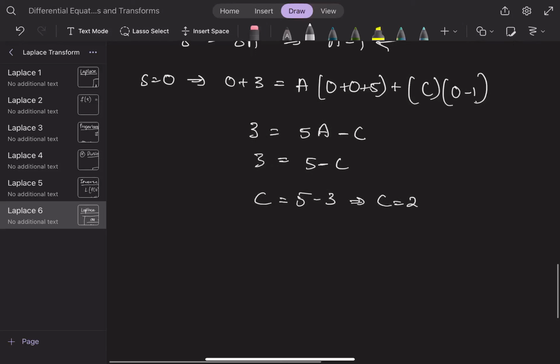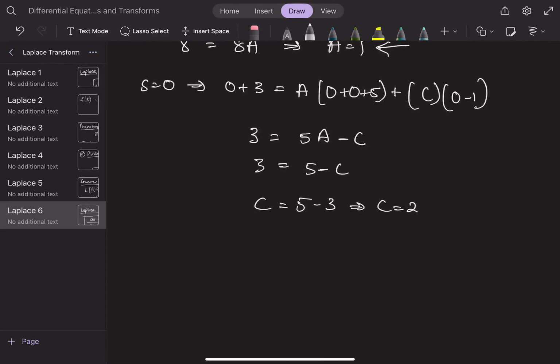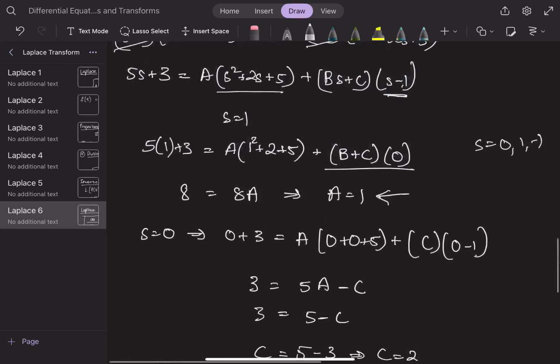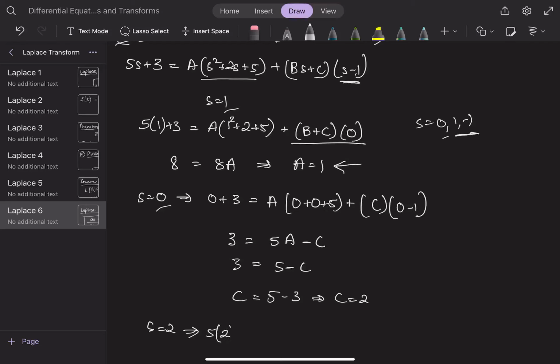Now we still need to find b. So let's put s as 2. You can use any number. You can go with 1, minus 1 as well. We already did 1. We already did 0. You can go with minus 1 as well. I'm trying with 2. So you'll get 5 into 2 plus 3 is equal to a into (2 square plus 2 into 2 plus 5) plus (2b plus c) into (2 minus 1).